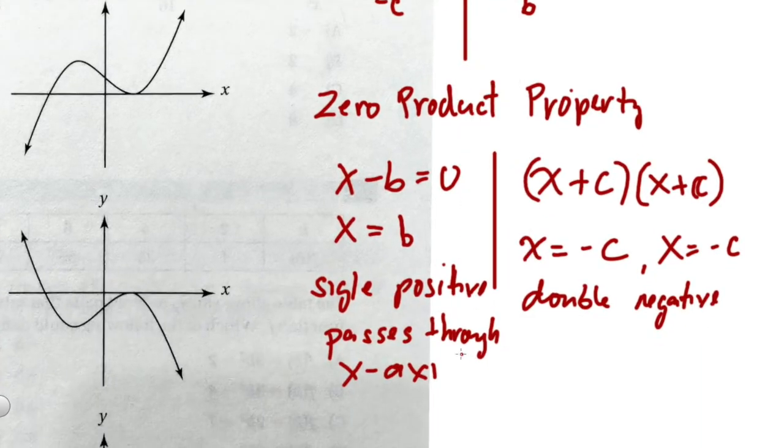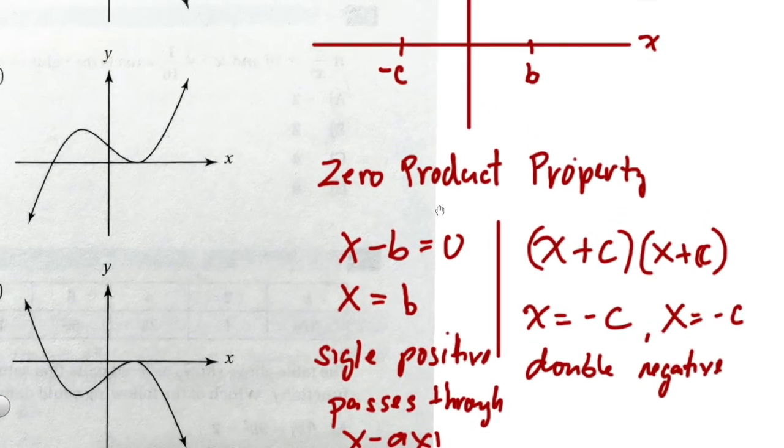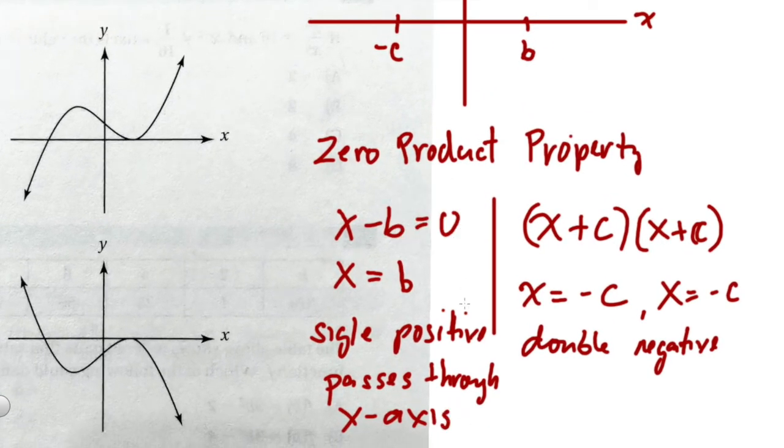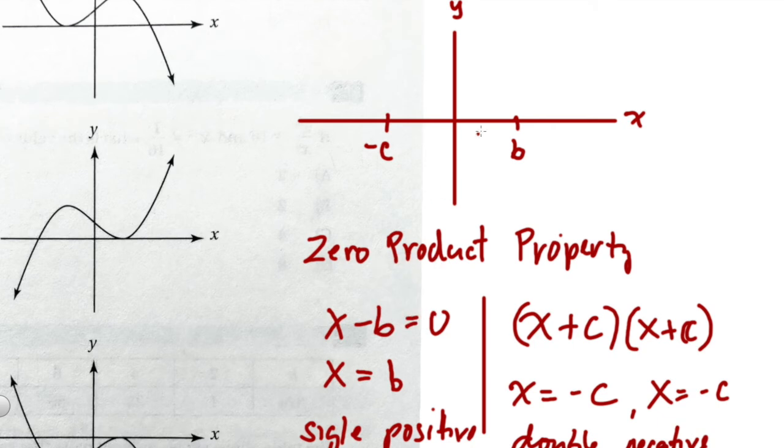Now, if we have a single positive zero, which is b, it means that the graph should pass through the x-axis. It should pass through this positive b.